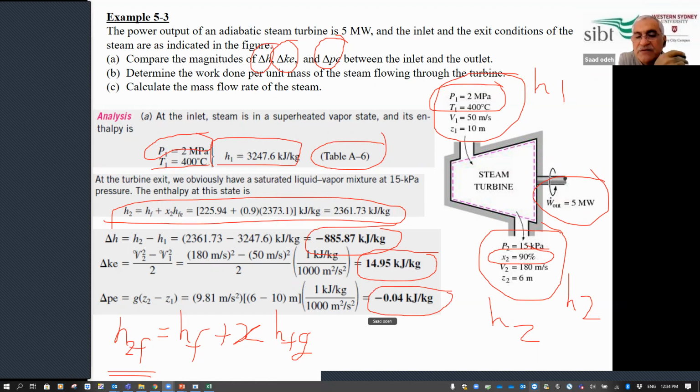It's almost zero. So this tells us that there's no need to include delta PE because it's very small. It's 0.04 kilojoule compared with the delta h, which is 885. This is really nothing. So that's why we can exclude delta PE from our calculation because it's too small.